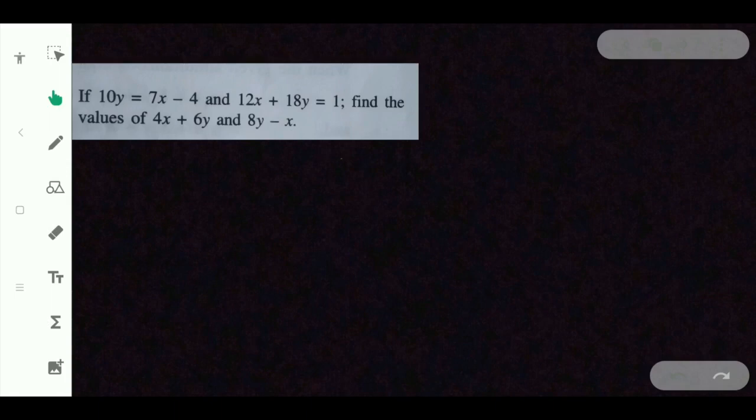So let us take the first equation. This is our first equation.